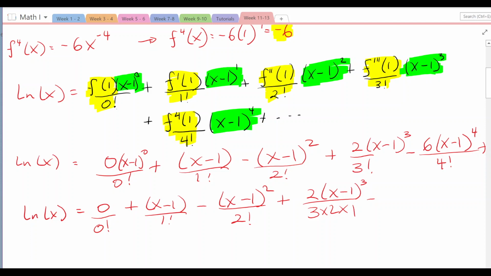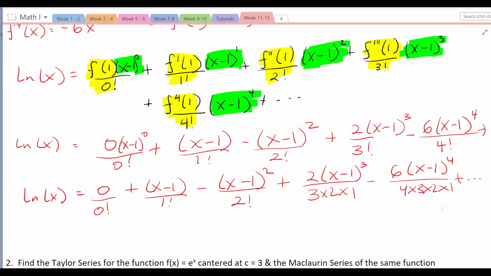And then the next one is 6. 4 factorial is just like before, 4 times 3 times 2 times 1, x minus 1 to the power of 4 plus the. Okay, so we can see that actually we're going to leave the factorial sign out, so we can clearly see the patterns.